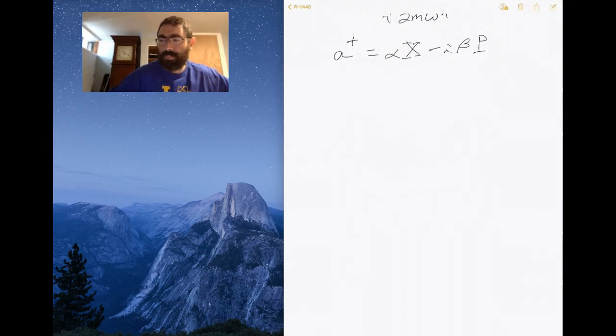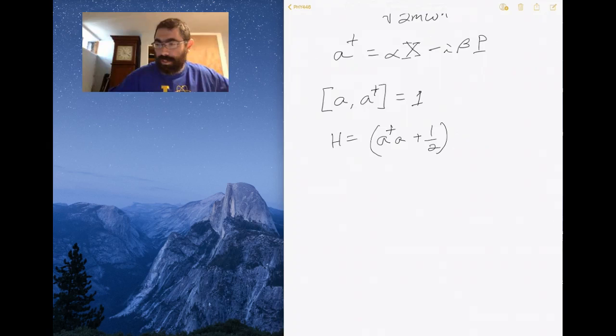Okay, so it had some unique features. One of them, which we proved in class, was that the commutation relation for A and A dagger was just 1. And we could rewrite the Hamiltonian operator as A dagger A plus 1/2 times h bar omega.